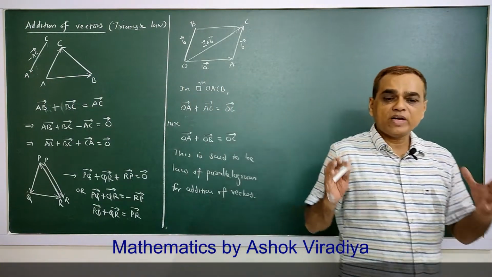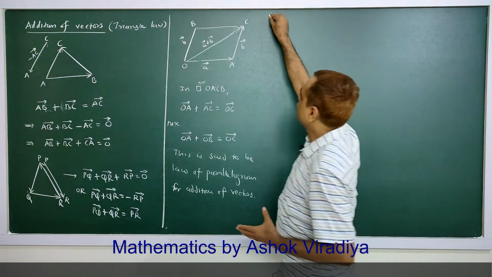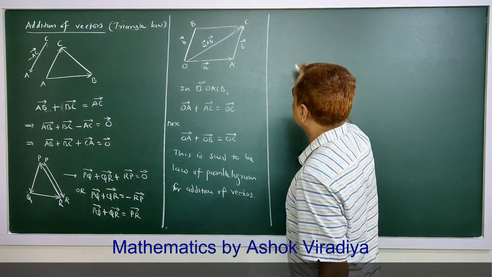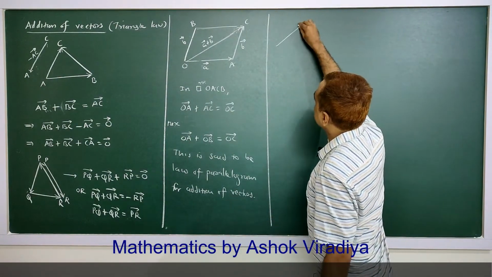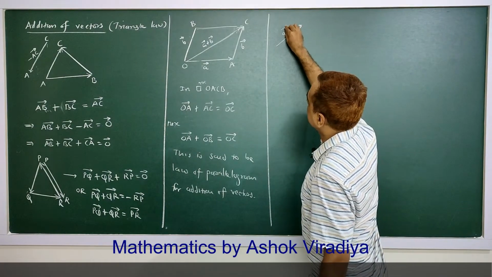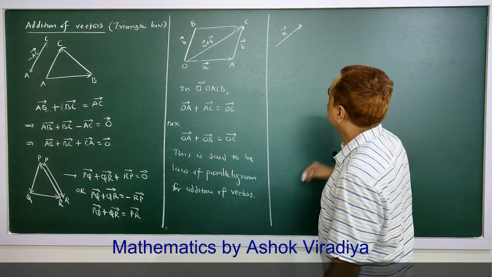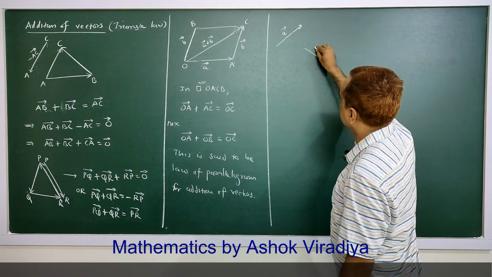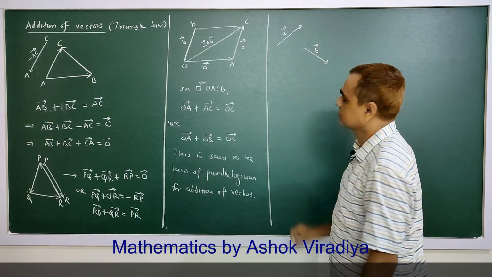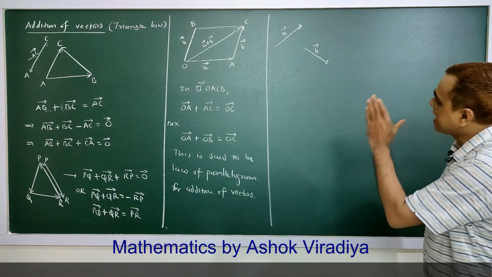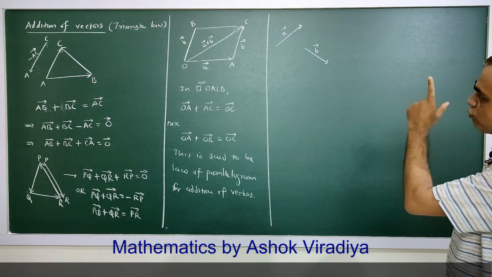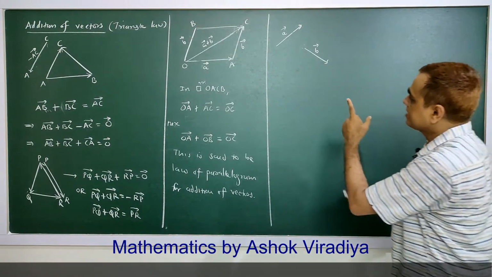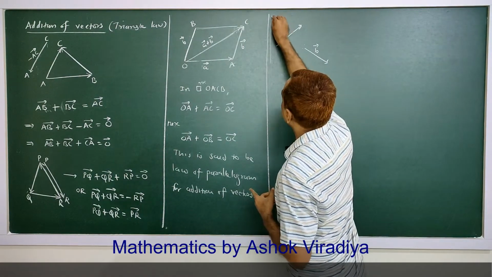So whenever we want to add any two vectors, as for example, here this is vector A bar, this is vector B bar. You want to add them. So what we do?